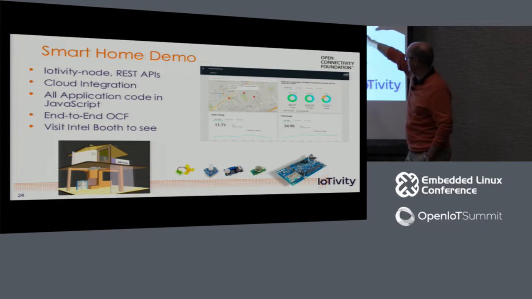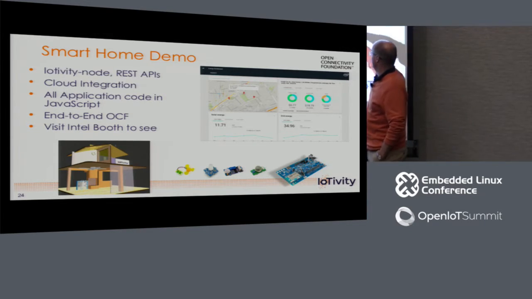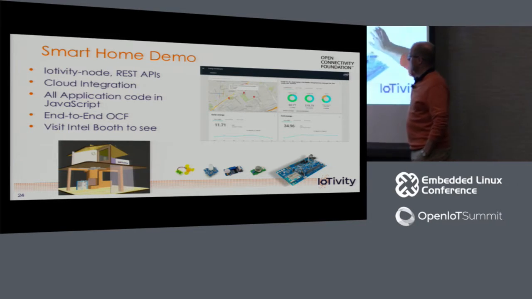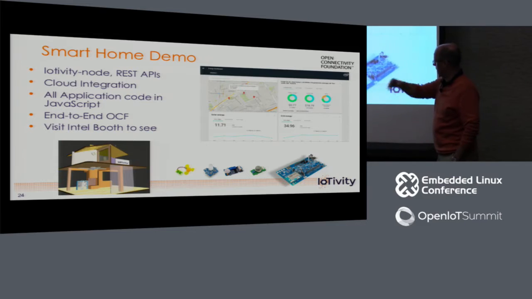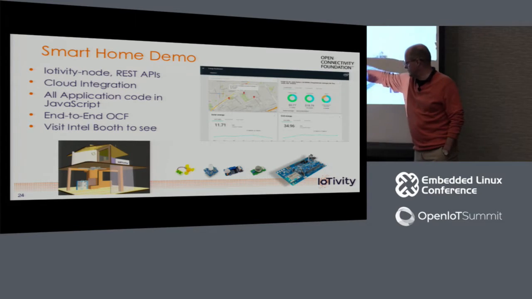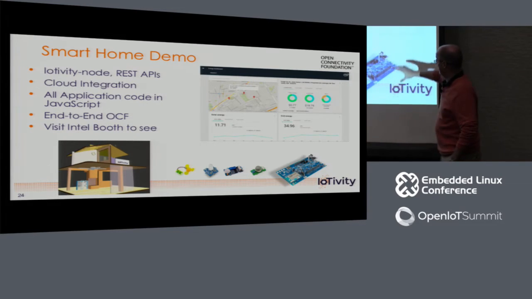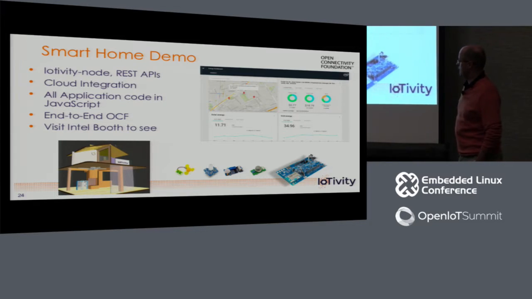All this energy consumption and quite a few other properties are fetched from the gateway running the REST API server, and then you have multiple of these sensors there. I think we have like 9 or 10, so they are visible here, and you visualize the data in the cloud.